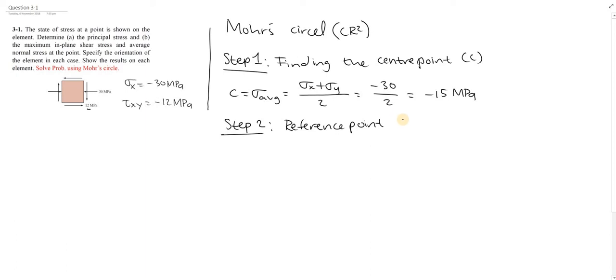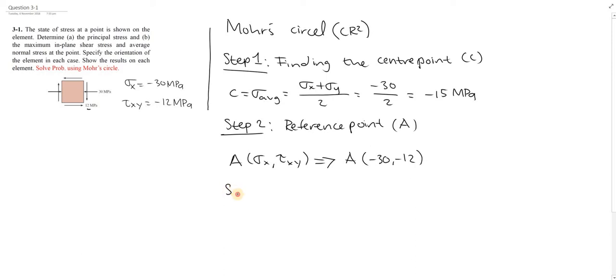We usually call this reference point A. A is just a coordinate of our normal stress in X and our shear stress, which means we've already been given these. So negative 30, negative 12. That's where we'll have our reference point.